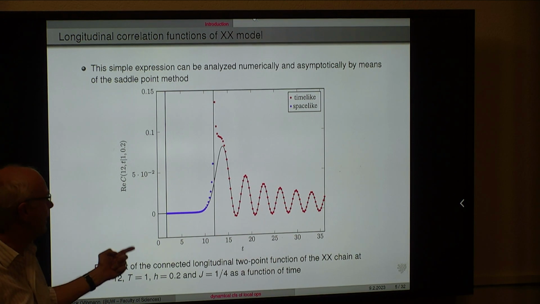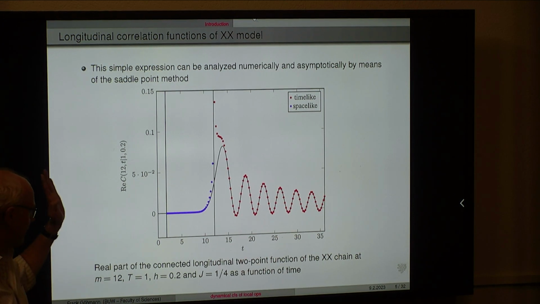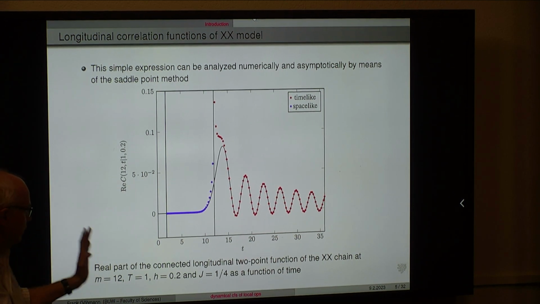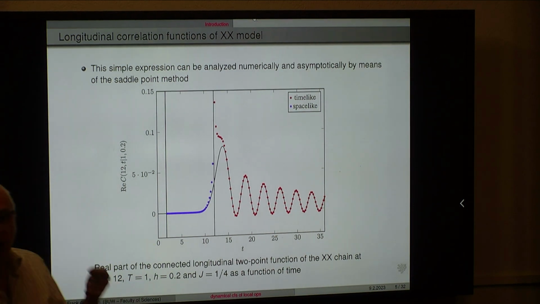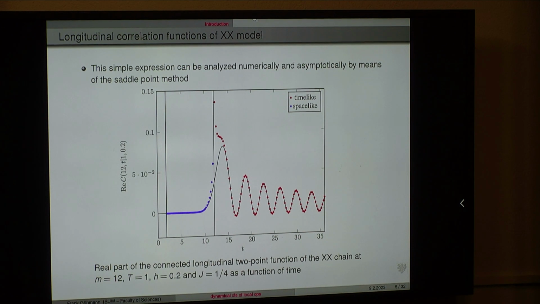So what you see here is what this dynamical correlation function does. It describes the spreading of a local perturbation generated by a local operator and time evolved with the Hamiltonian, and the system is equilibrated by its interaction with the bath, right?